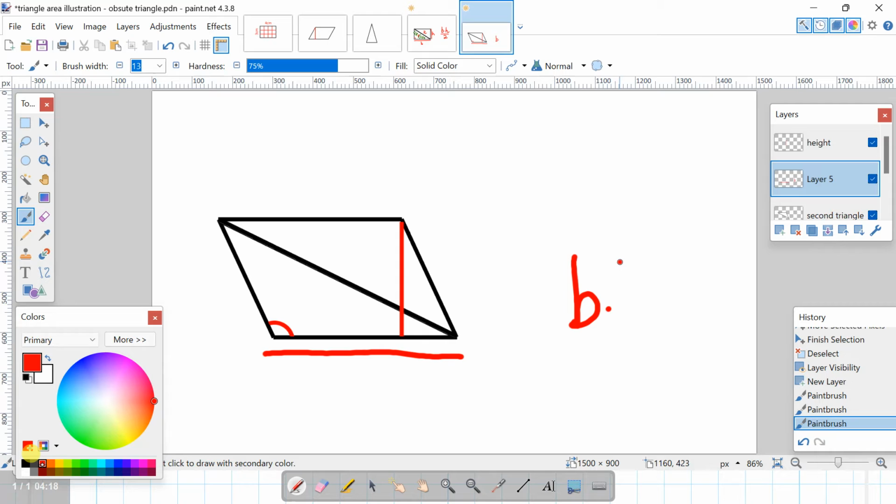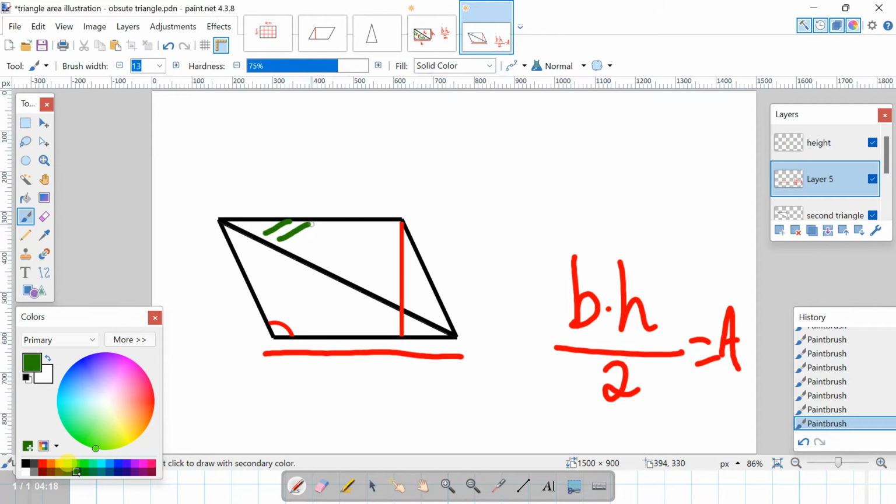Base times height gives us the area of the parallelogram, and because the parallelogram is combined from two identical triangles, then we need to divide it by 2 and we get the area of one of these triangles. So again, base times height divided by 2 gives us the area of one of these triangles.